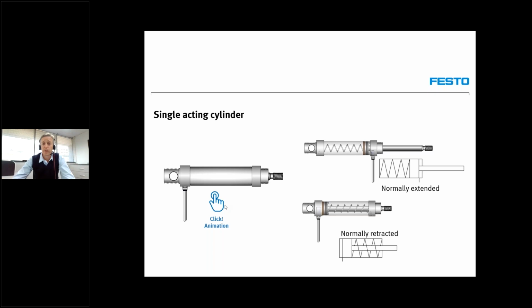But therefore, only one connection is required, the air connection, because the spring is pushing the actuator back or forward to the fail-safe position. As I mentioned, different linear spring acting, single acting cylinders are available depending on the application that you need.